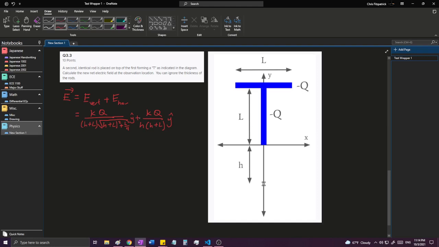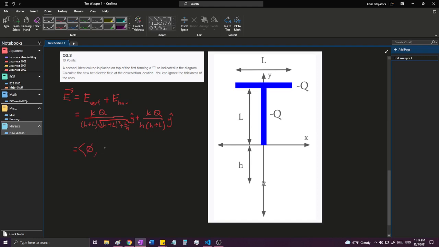And then adding it together, and just for the sake of clearness, I'll be using 1 over 4 pi epsilon 0 again. I'll just have it in vector form to begin with.